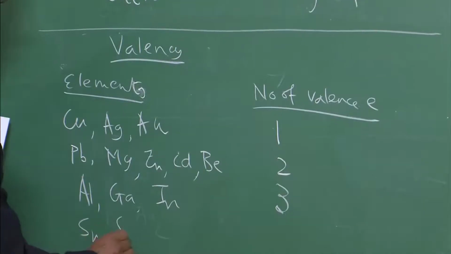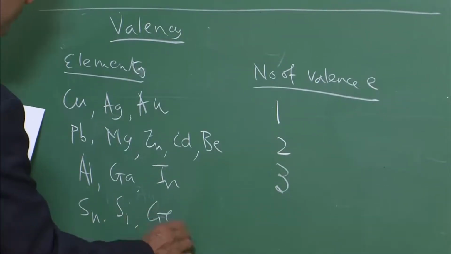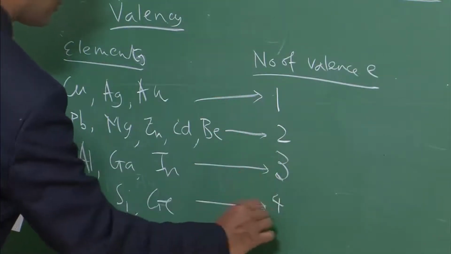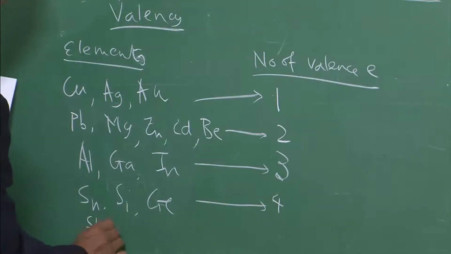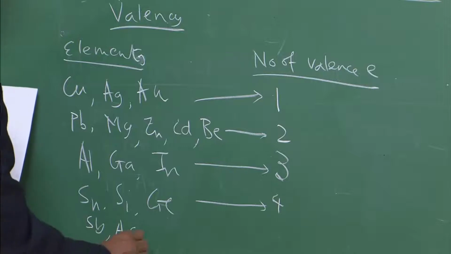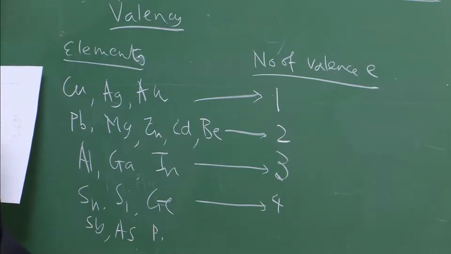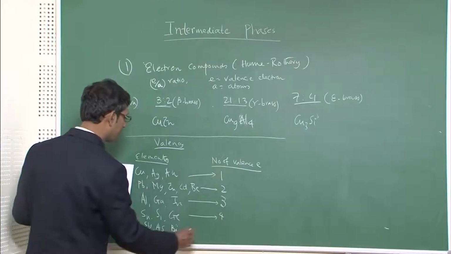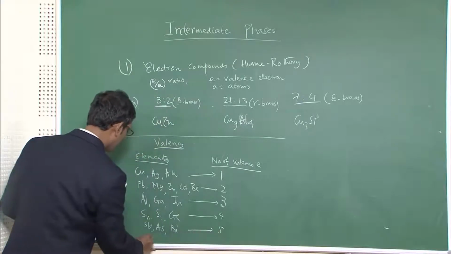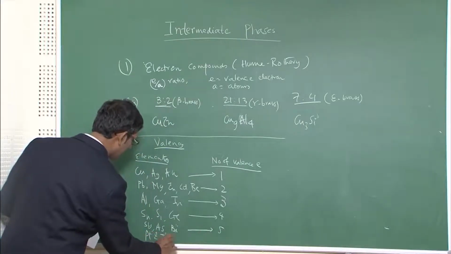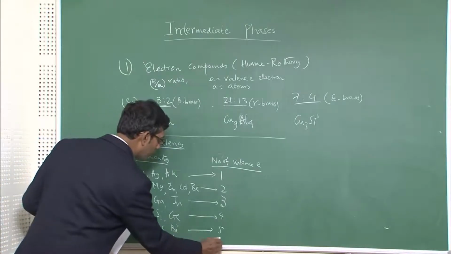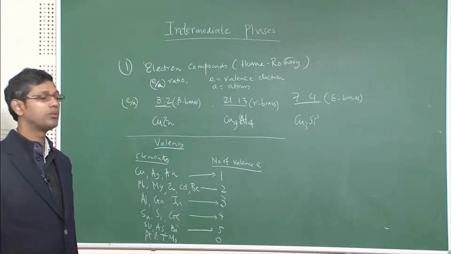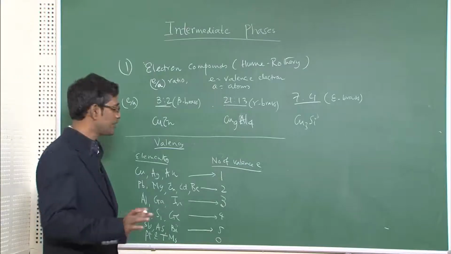Tin, silicon, germanium, 4. Antimony, arsenic, phosphorus, bismuth, 5. And last one is the transition metals, 0. Transition metals means iron, cobalt, nickel. We do not consider any valence electron for them.